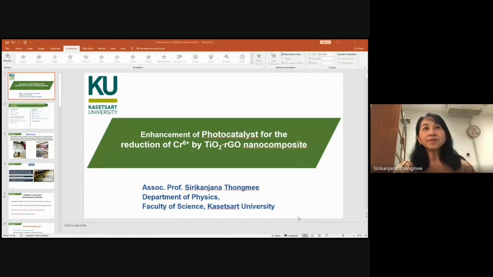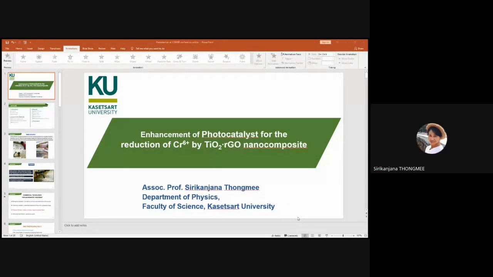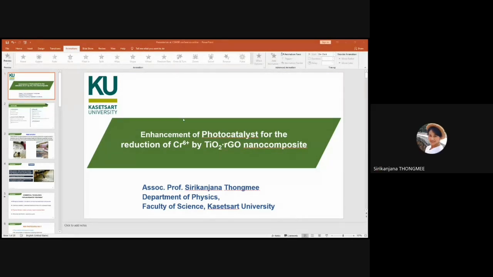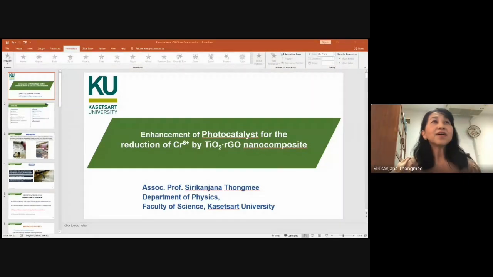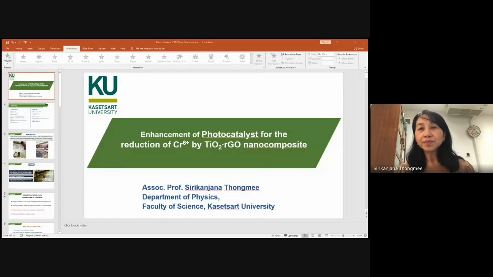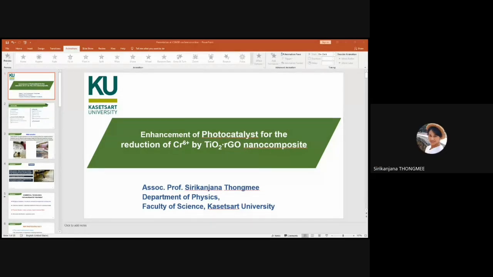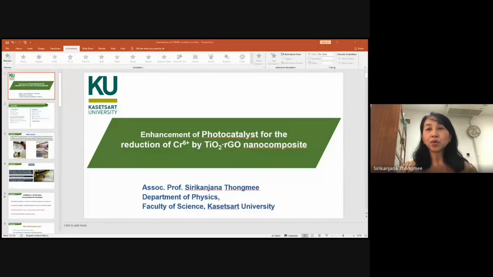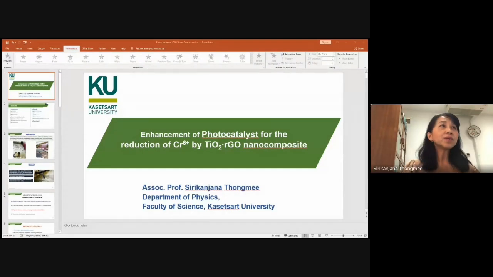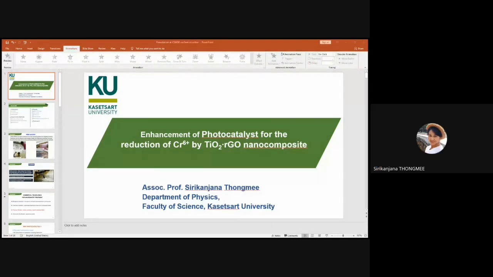So where does this problem come from? Actually, the water pollutants arise from industry and from the rapid increase in urbanization of the human population. That means when the population increases, we get more pollutants, not only in water but also in air.